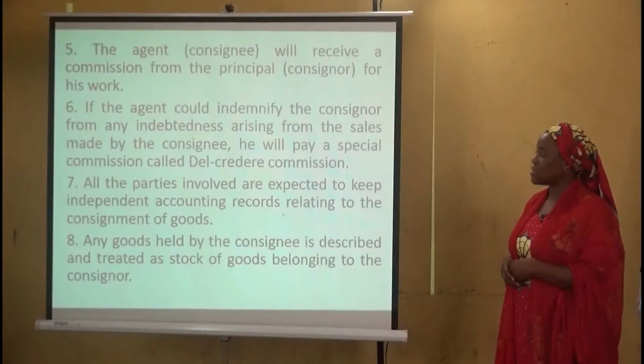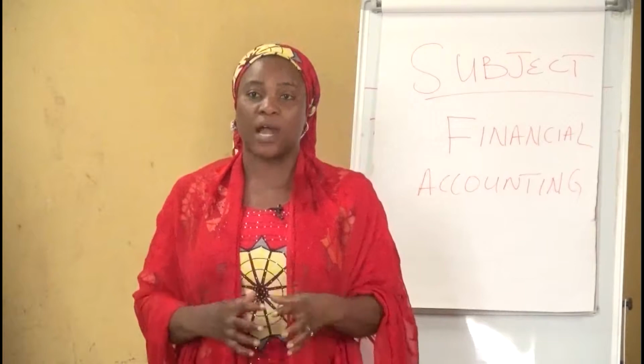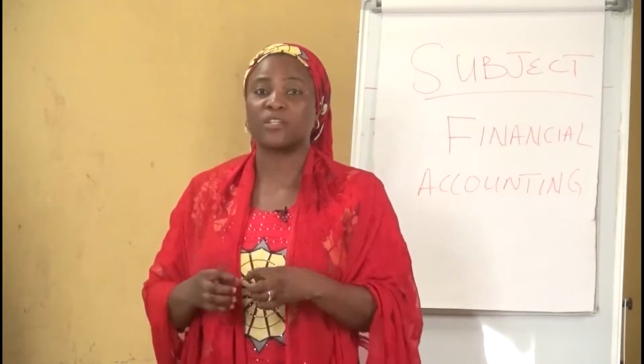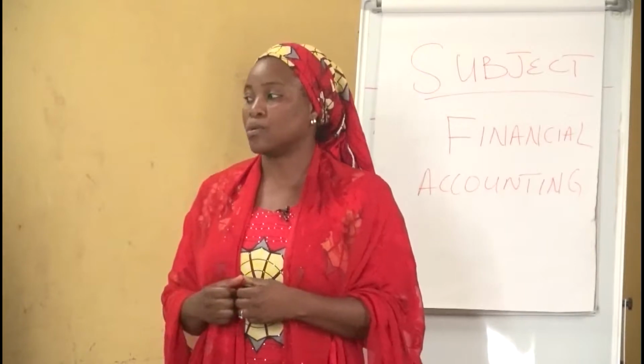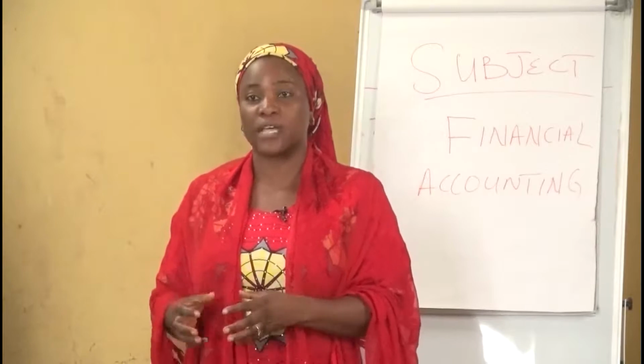Number 8, any goods held by the consignee are described and treated as stock of goods belonging to the consignor. Where there are goods remaining, they are not the consignee's goods. They are still goods for the consignor, even if they are not sold.